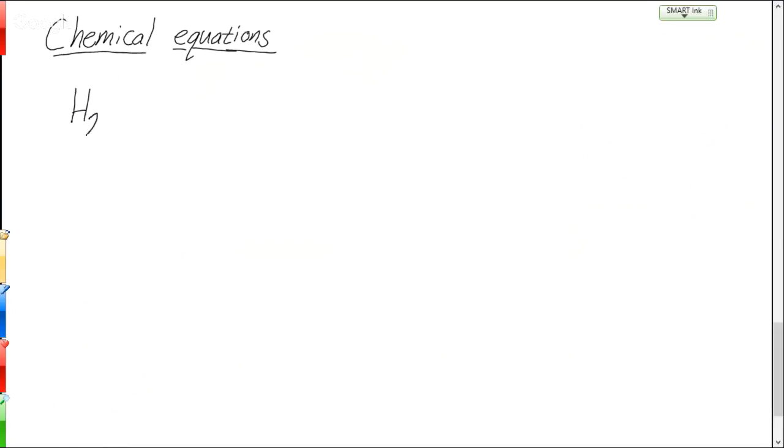So here's one. That is a chemical equation. Can anybody describe what that's telling us is happening?